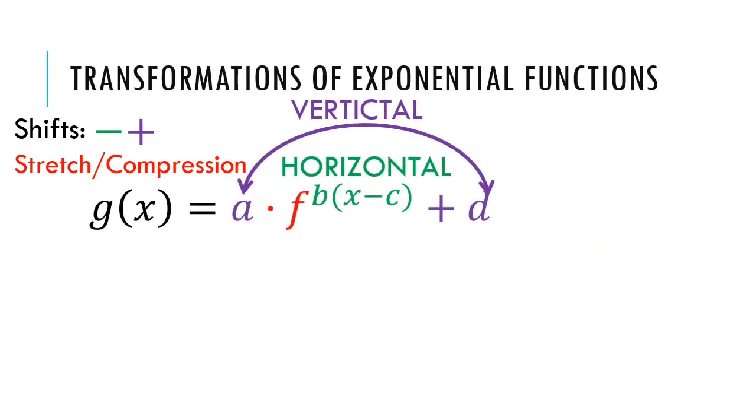Now, when we look at this for an exponential function, you'll notice that all the horizontal transformations are in the exponent of the function.